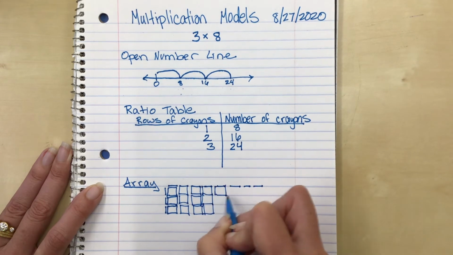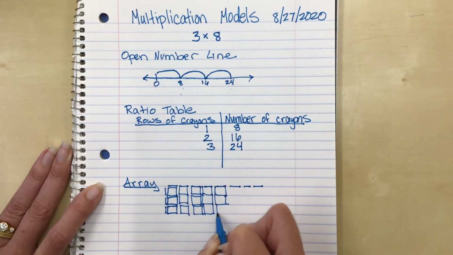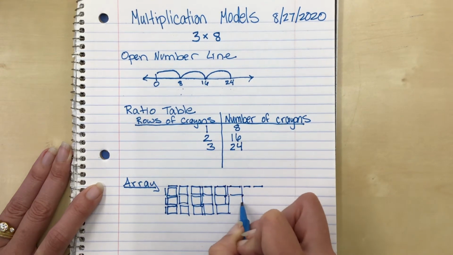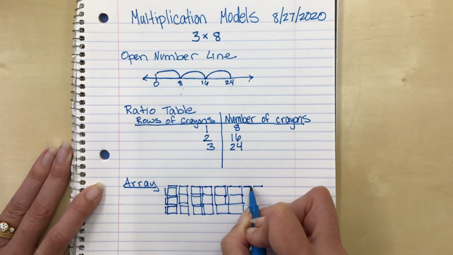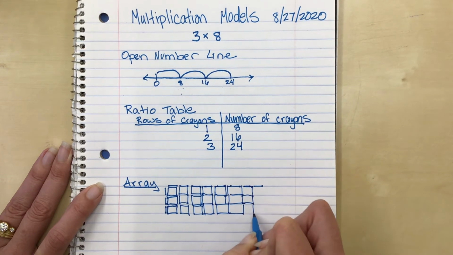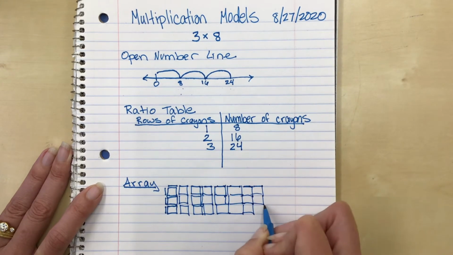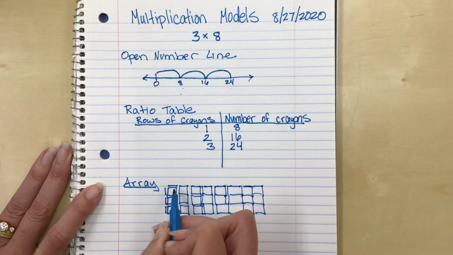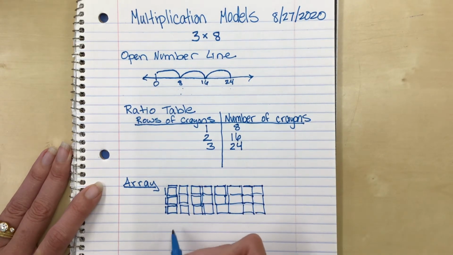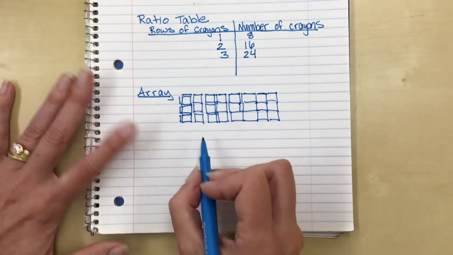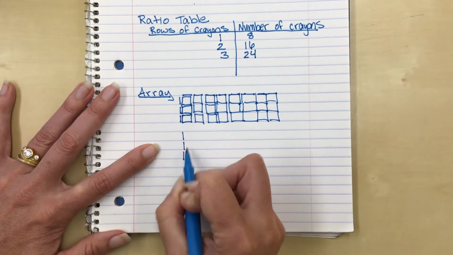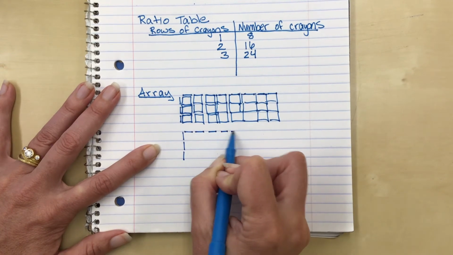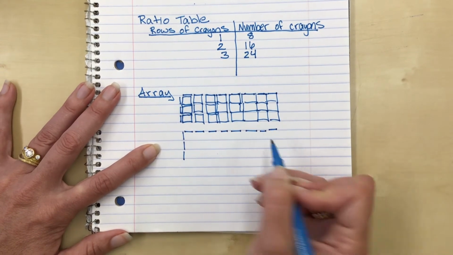And I'm just moving along here. Hopefully you have a nice array that you are drawing too. These should all be the same size, but they're not. I have 8 across and 3 down, 1, 2, 3, 1, 2, 3, 4, 5, 6, 7, 8.